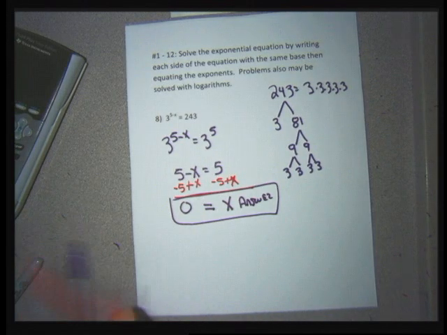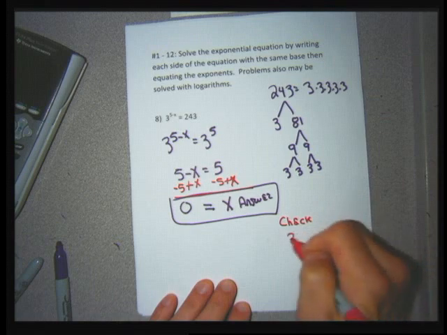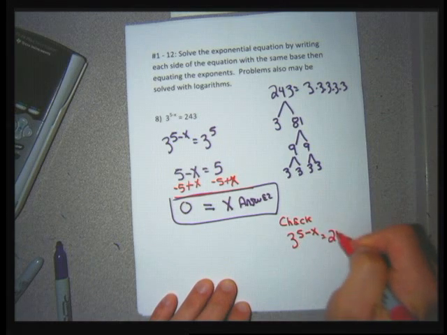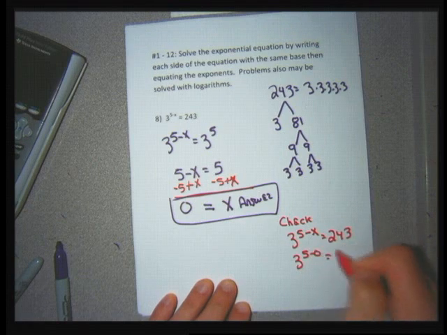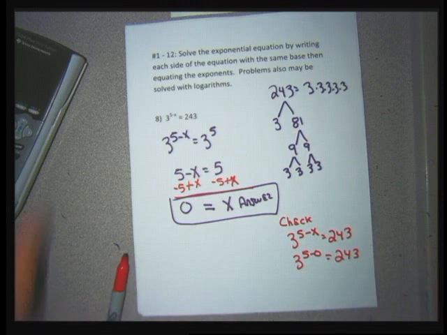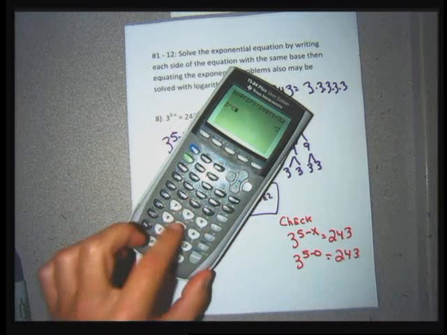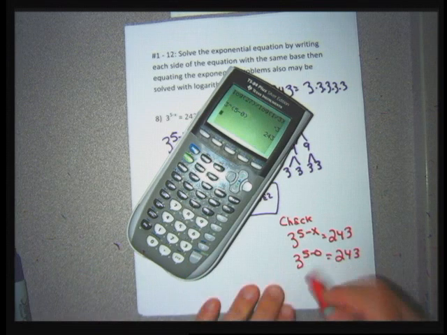And again, I'm going to check that because it's not supposed to be that hard for any of these to check. Whether I did them with logarithms or without logarithms, the checking is supposed to be easy because my calculator makes checking easy. So it should be the case that 3 to the 5 minus 0 power is 243. So I go 3 up arrow parentheses 5 minus 0 power, and when I hit enter, if it gives me 243 like it does, my answer is correct.